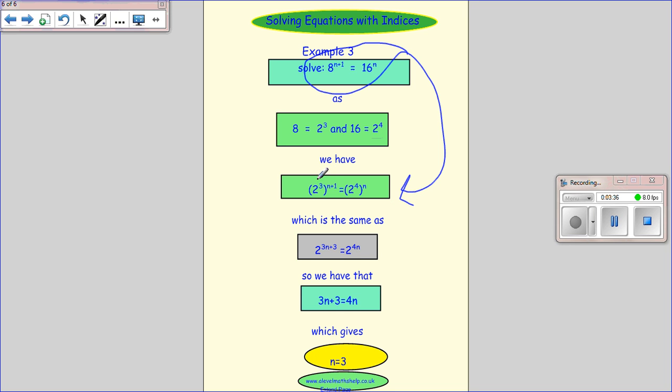So 2 cubed all to the power of n plus 1 equals 2 to the power of 4 all to the n, multiplying out using the power of a power rule. And then now we've got the same base, we can equate the powers. So the powers must be equal for this to be equal. So 3n plus 3 equals 4n. Then again, a bit of messing around. So take 3n from both sides, and then that gives you the answer.